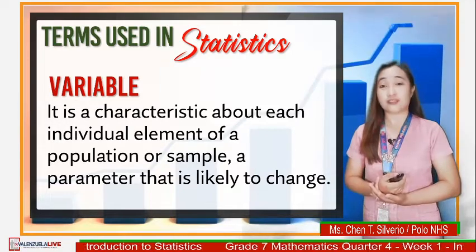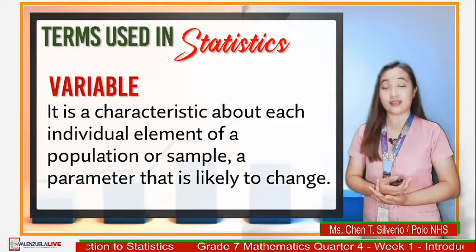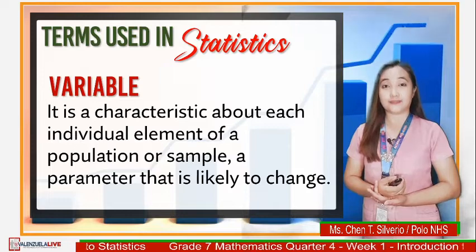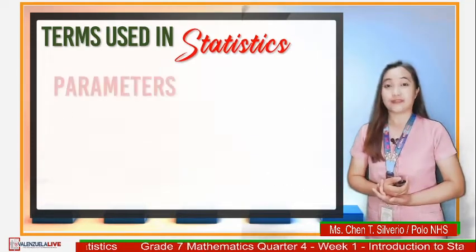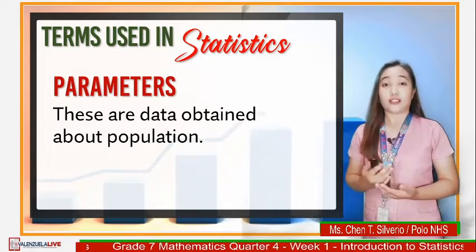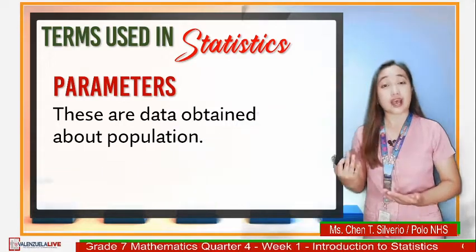Variables also represent the characteristic of what we are trying to study, and they can vary among different individuals. We also have parameter. These are data obtained about a population, or numbers that summarize data of an entire population.